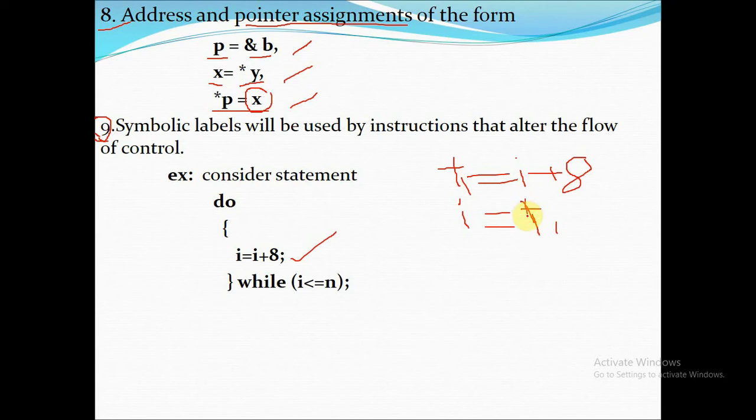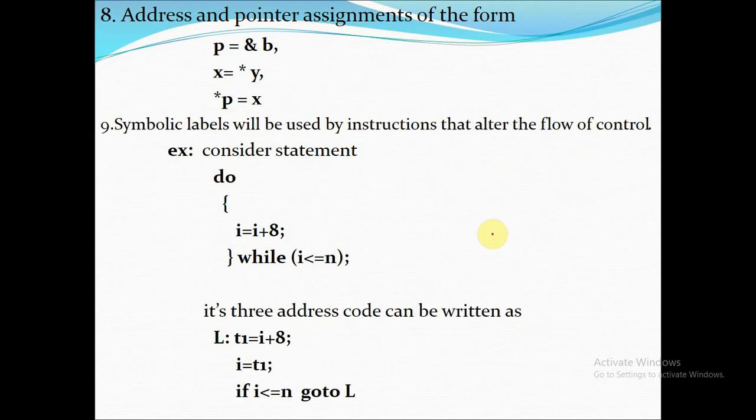I have written the 3-address code first for i equal to i plus 8. Then I have to transfer the control by verifying the condition. So here I have to write the if condition, and if this condition is satisfied, then I have to transfer the control to the starting statement or body of the loop. This will continue as long as the condition is true.